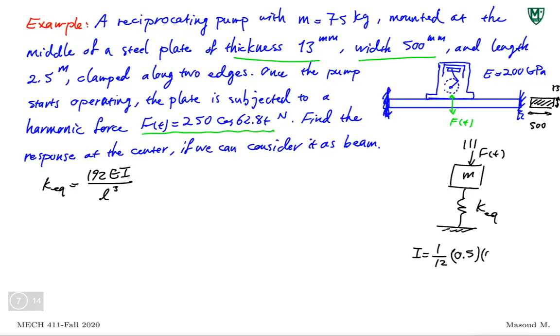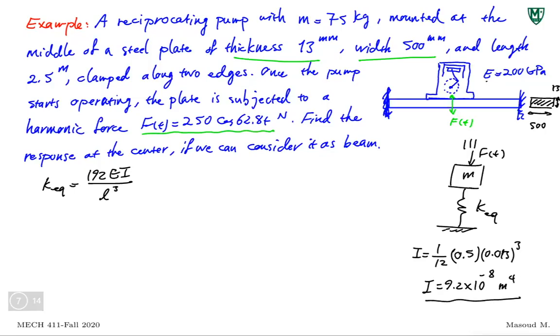And 13 millimeters, I'm going to put 0.013 to the 3. If you do this math, you will get 9.2 times 10 to the minus 8 m^4. Right? This is going to be your I.